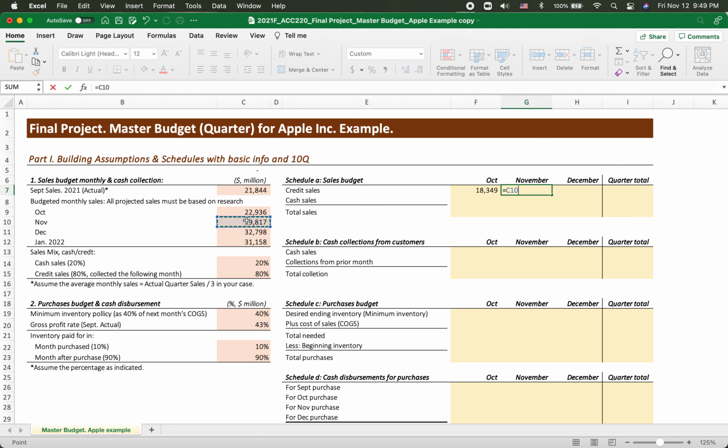And then November, also the same way. And December, the projected sales times 80%. And then cash sales: October times 20%, and then cash sales of November is 20%.